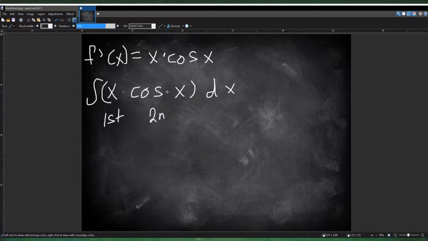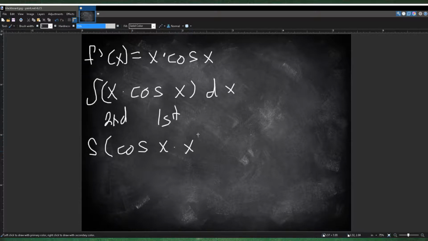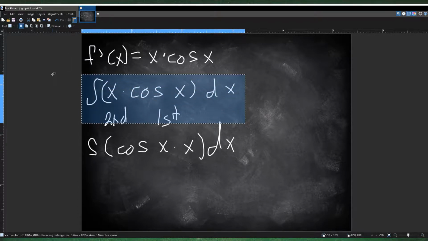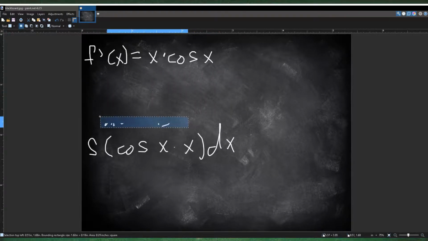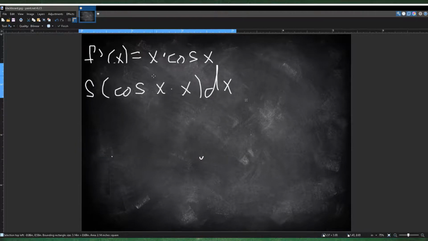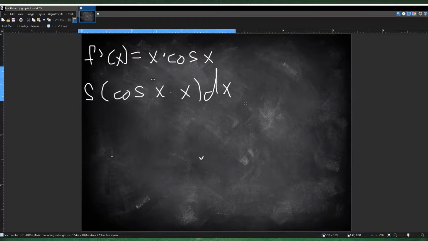Okay, so actually, let's switch this. x is going to be our second, and cosine is going to become our first. So instead of writing this, let's say the integral of cosine of x times x, just so it looks a little bit more organized. Okay, and let's move this up.